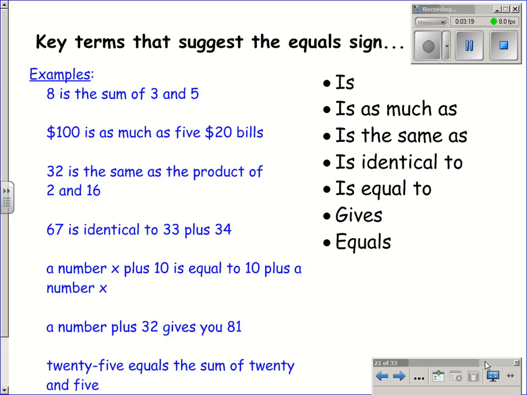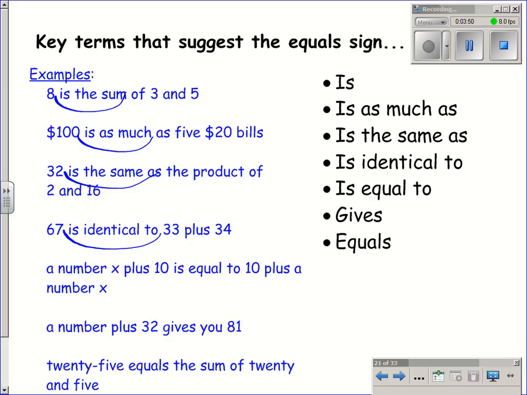So for example, we have 8 is the sum of 8 and 3. The words "is the sum" suggest that it is an equal sign. 100 is as much as 5 $20 bills. "Is as much" suggests an equal sign. 32 is the same as the product of 2 and 6. "Is the same as" means equals. 67 is identical to 33 plus 34.